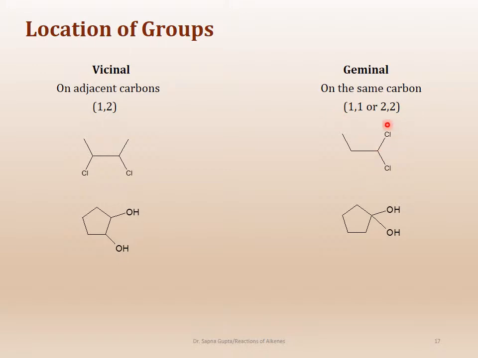For example, if you were to add chlorine and it happened to add on the same carbon, that would be a geminal addition. And here you have the geminal diol, where you have the 2 alcohols on the same carbon. All the additions that we have done so far have been vicinal additions. We will do geminal additions later on also, and so when I mention geminal to you, it will not be a foreign word, okay? But geminal means on the same carbon, vicinal means on adjacent carbons.